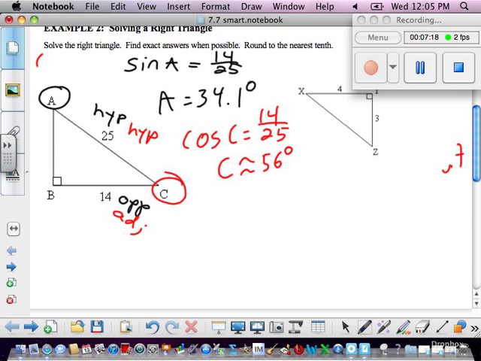I'm going to make it X. Does that work for everybody? Okay. So what's my C? Is it X, 14, or 25? 25, because it's always across from the 90 degrees. It has to be the hypotenuse. So I've got X squared plus 14 squared equals 25 squared. Okay, so 14 squared gives me 196.